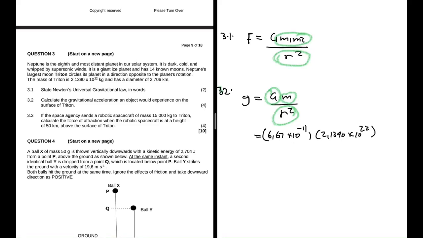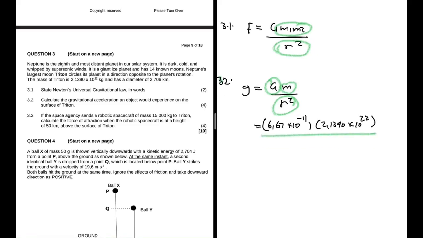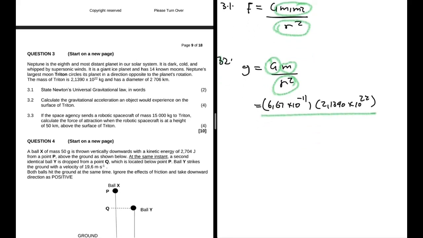Now we have to pay our attention to the radius, right? We are told that the diameter of Triton is 2,706 kilometers, but the radius is only half of the diameter, right? So we're going to have 2,706 divided by 2.